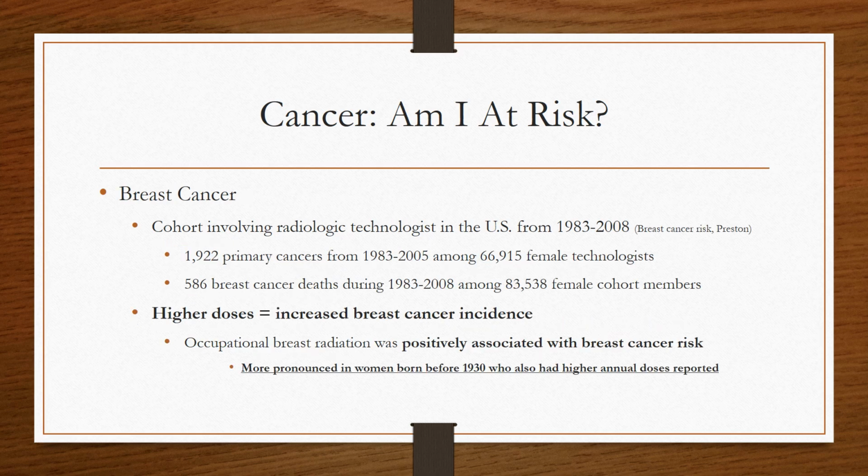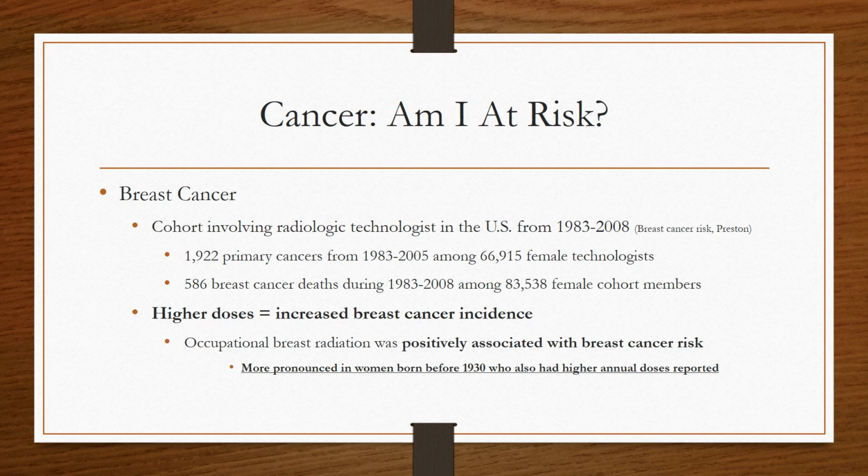Next up is breast cancer. This was a very similar cohort study done looking at your colleagues from 1983 to 2008 that included almost 84,000 female technologists in 2008. You can see the large number of both primary breast cancers and deaths that they found in this cohort. And their data supported that the higher radiation dose exposures were linked to breast cancer incidence.